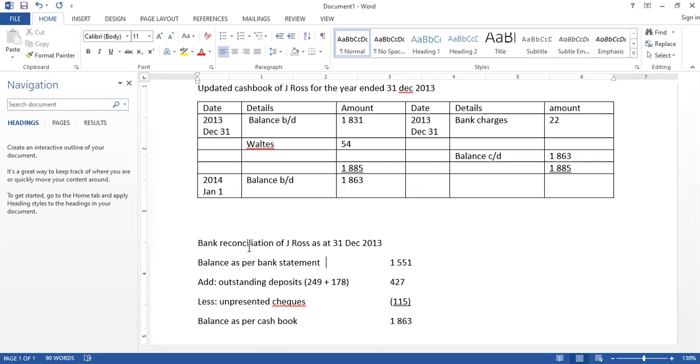So we are not aware that somebody deposited money into our business bank account. Do you understand? This transaction was not recorded in the entity's books, and therefore it should be recorded. So this transaction is not appearing on the cash book. Do you understand? Yes.